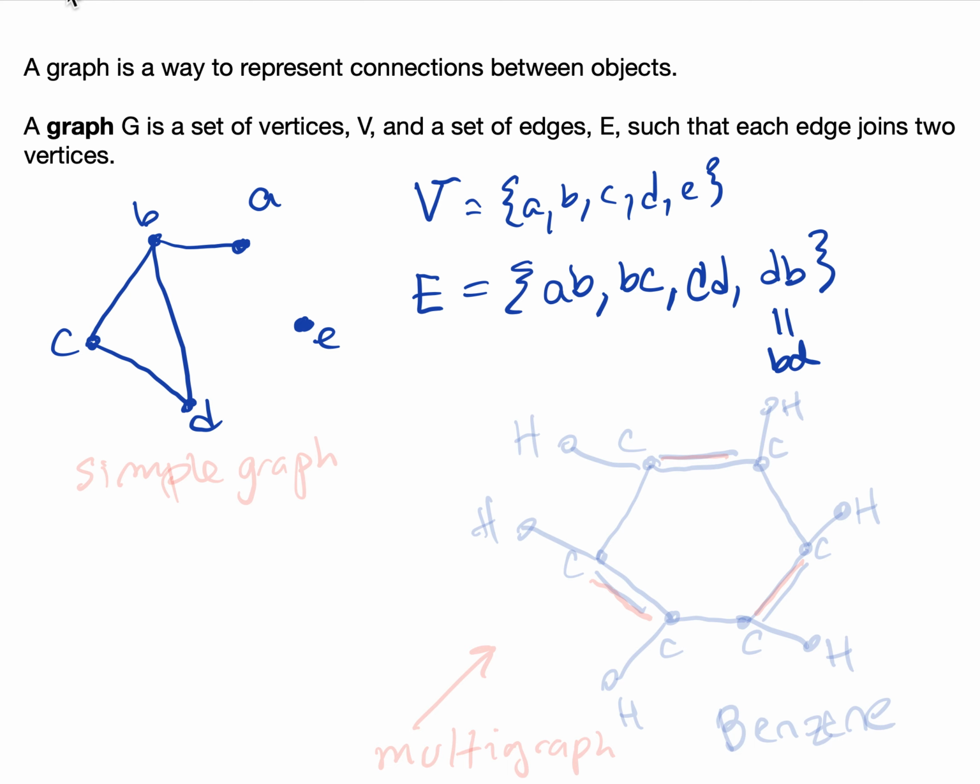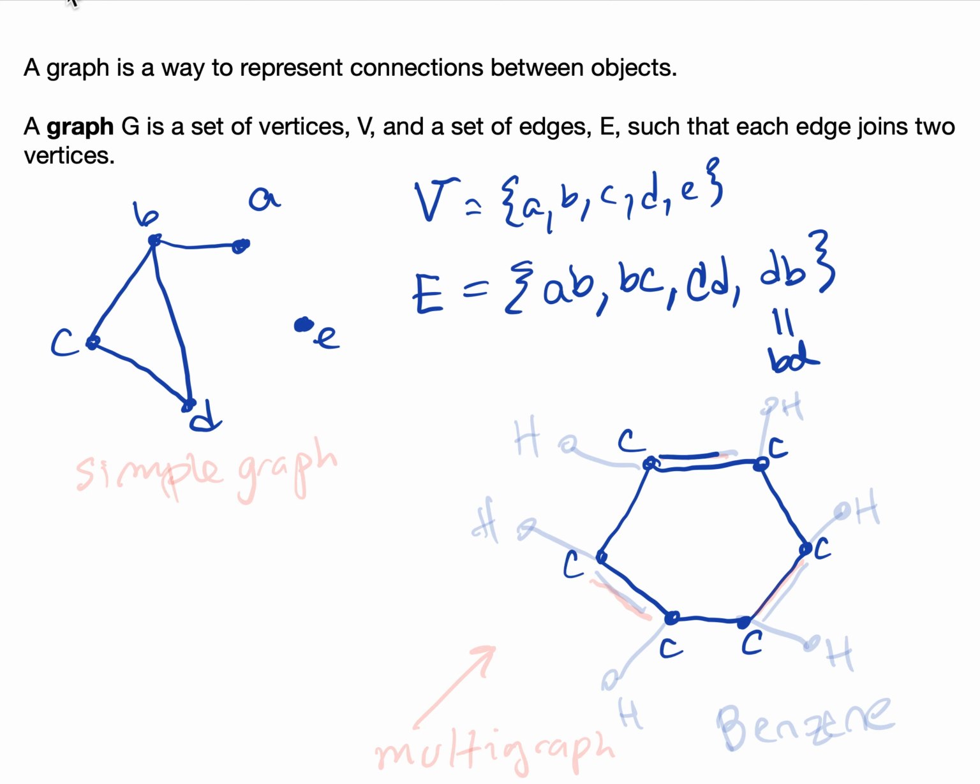One of my primary research areas is in mathematical chemistry. In mathematical chemistry, vertices represent atoms, and we draw an edge between two atoms if there's a chemical bond between them. For example, these could each be carbon atoms, and we could have chemical bonds between those.